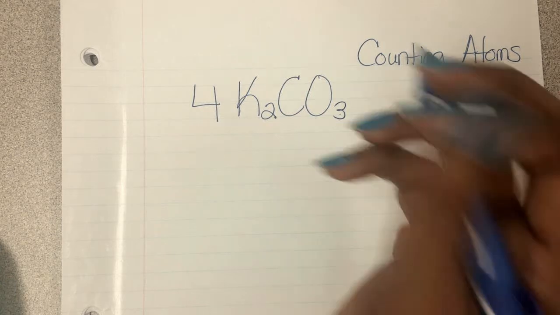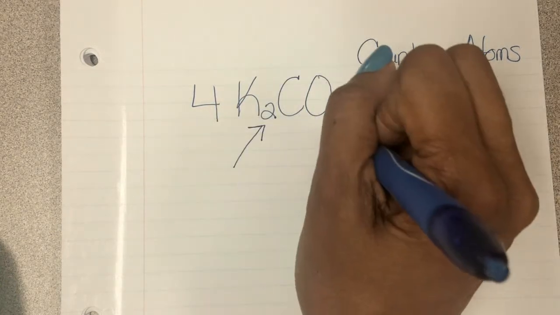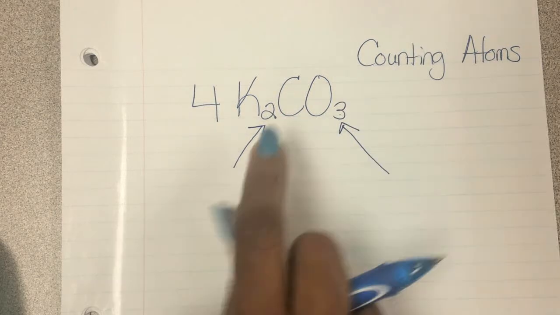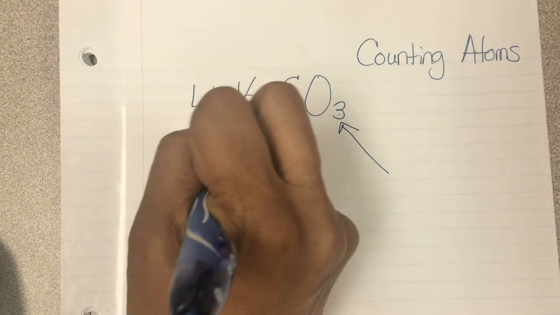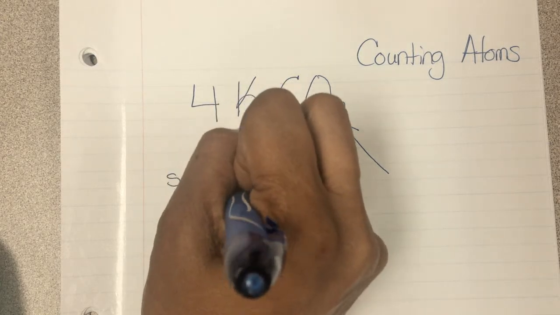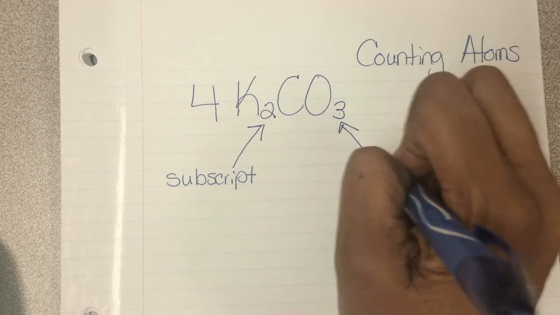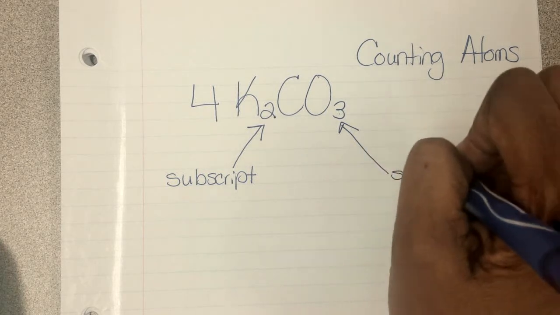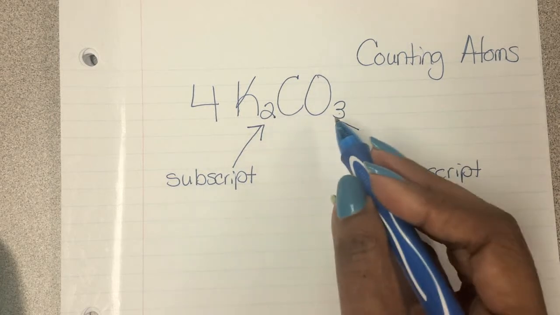When you have a chemical formula, the little number underneath is called a subscript. If you think subscript, submarine, a submarine goes under, it's the little number underneath.